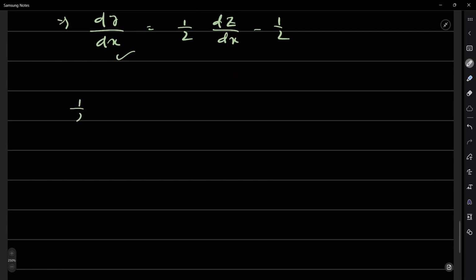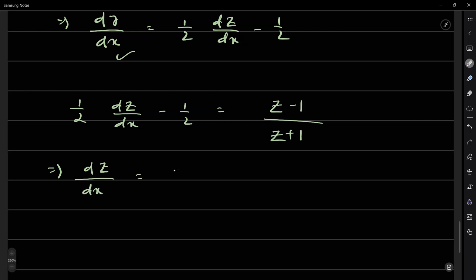So 1 by 2 dz by dx minus 1 by 2 becomes z minus 1 divided by z plus 1. So x plus 2y becomes the z, right? So dz by dx becomes z minus 1 divided by z plus 1. This is added with 2 multiplied in the whole term.